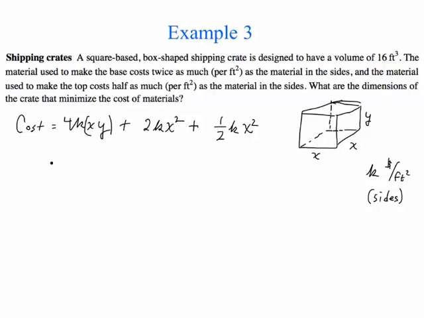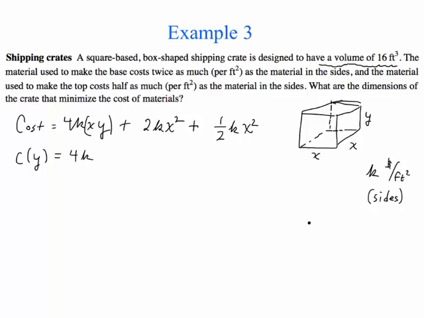All right, and then if we wanted to get C as a function of Y, the height, then we need to write X as a function of Y. What allows us to write Y as a function of X? This volume restriction. The volume has to be 16.